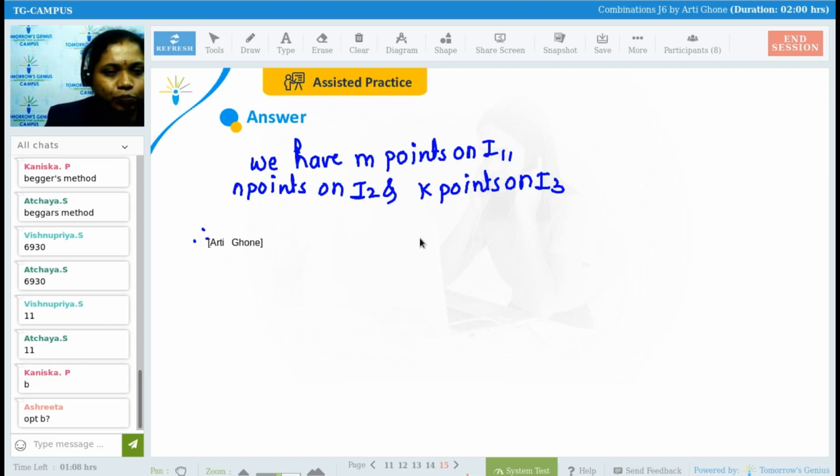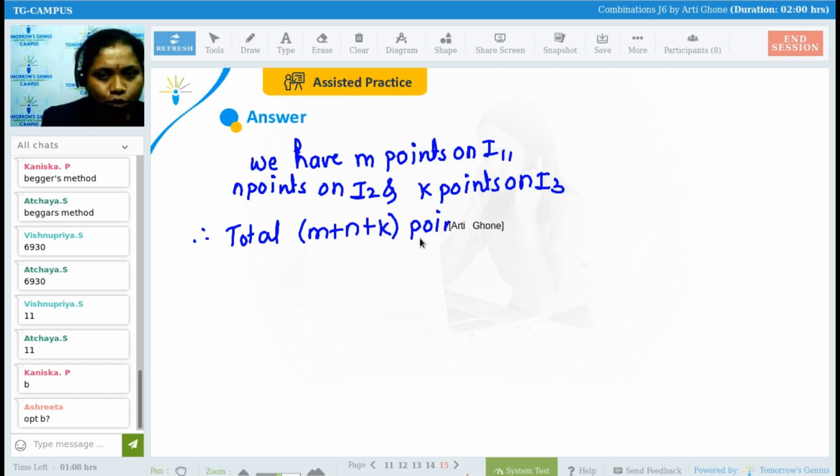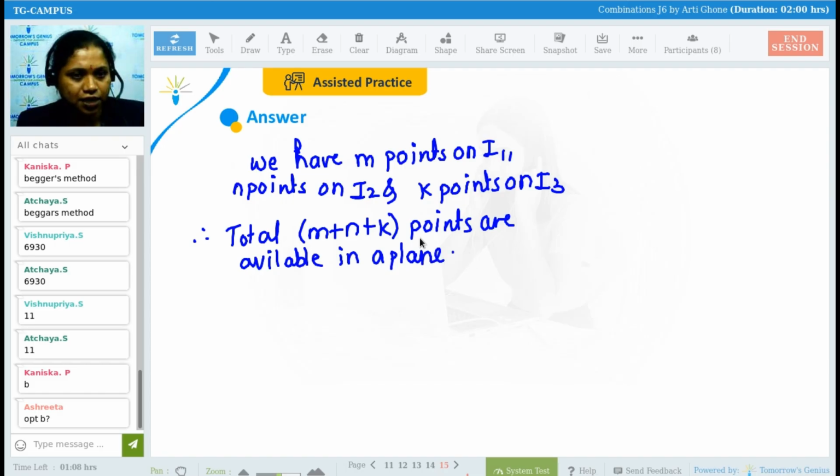So how many points are there in a plane? Therefore, a total of m plus n plus k points are available in a plane, right? Okay, fine. This is clear. Up to this there is no doubt.